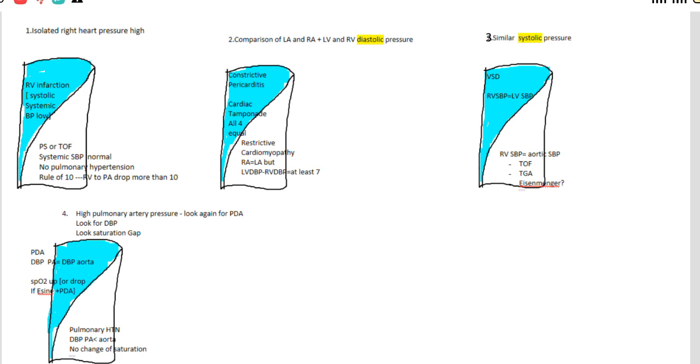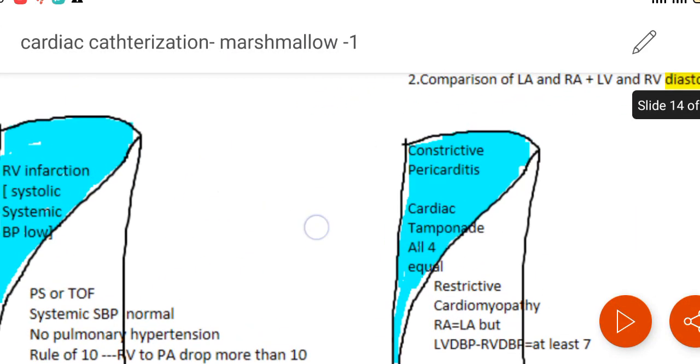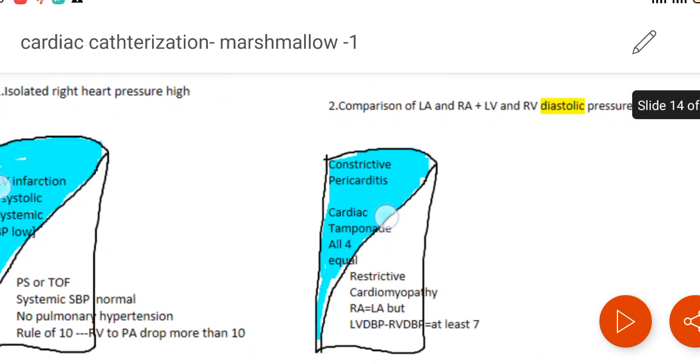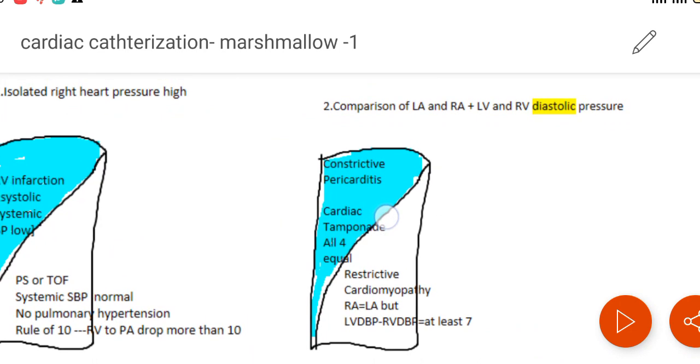So how to differentiate these two is mainly by the systemic hypotension that is occurring in the right ventricular infarction, that is not occurring with the pulmonary stenosis or the tetralogy of Fallot. So that's the thing. So first group, now I think you got it right. Try to remember, the first group is the isolated right side heart pressure elevation.